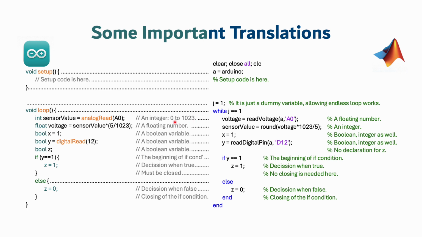So this integer must be interpreted by yourself. You have to convert this into voltage, into millimeters, by yourself, depending on the sensitivity of the sensor.